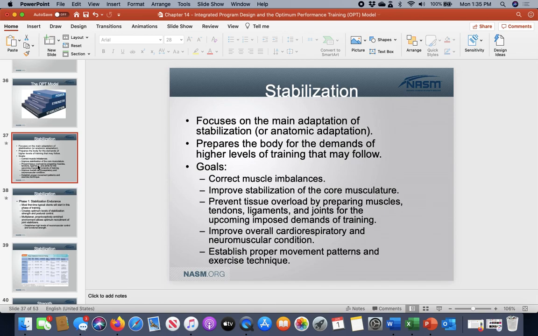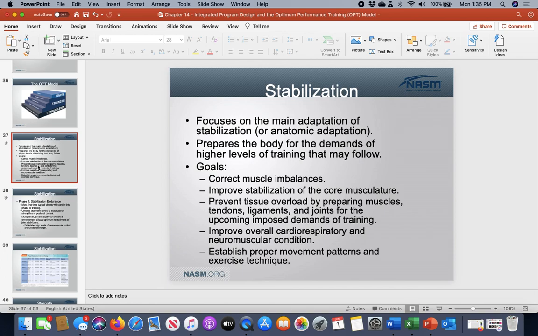It's going to improve core stabilization for that musculature that you're going to need. It's going to basically, like it says, prevent tissue overload. So it's basically going to allow recovery of an improved functioning and stabilizing and strength of soft tissue, and the joints, of course, that are being protected by that soft tissue.